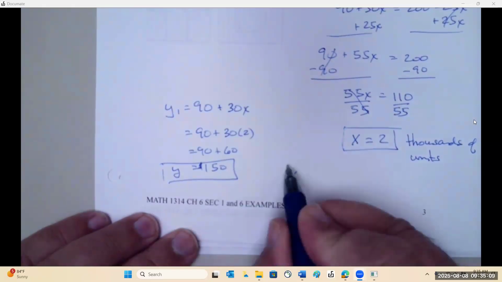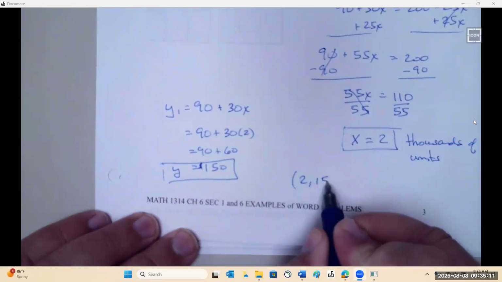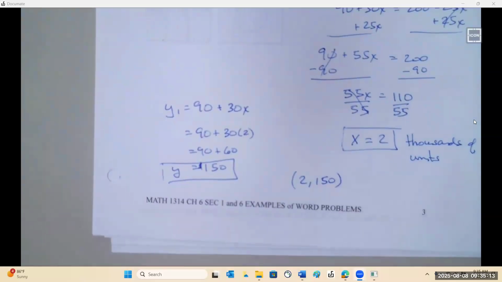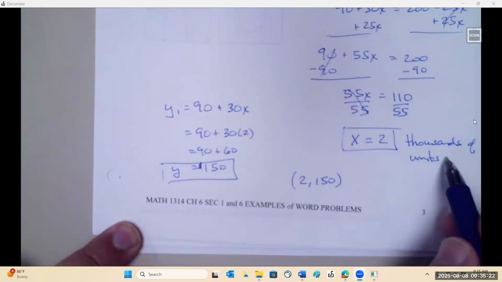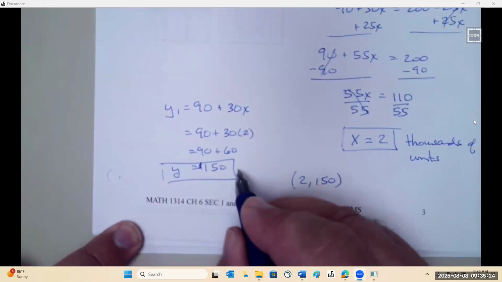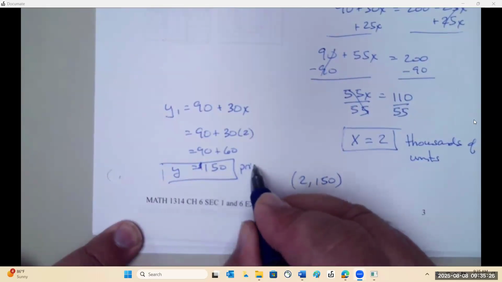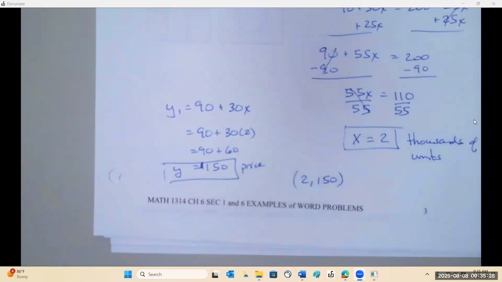So the point of intersection is 150. So 2,000 units at a price of 150. That's the point of equilibrium.